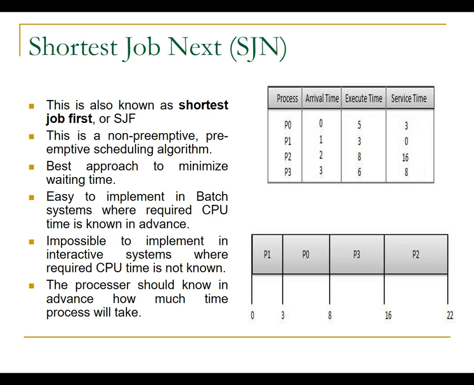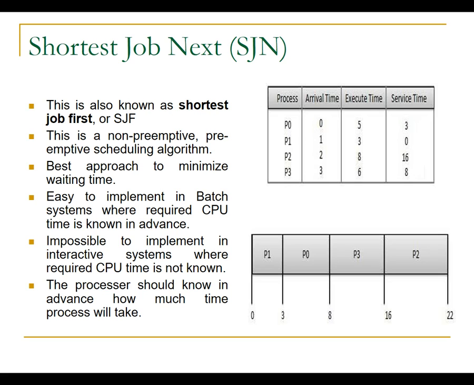Now due to this theoretical concept, it gives all of us one advantage, that is, it is the best approach to minimize the waiting time for the microprocess or even for the major process and obviously for the minor processes.